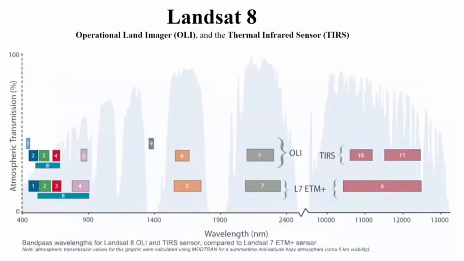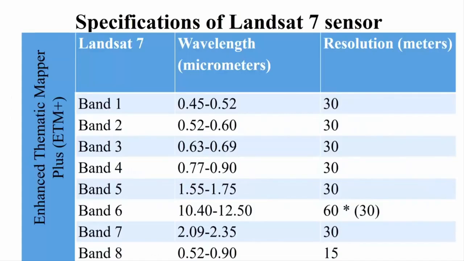Now Landsat 8 was launched after the launch of Landsat ETM, and a few years back Landsat 9 was also launched. In the Landsat series of satellites, before Landsat 8 we were getting only one band of thermal data.